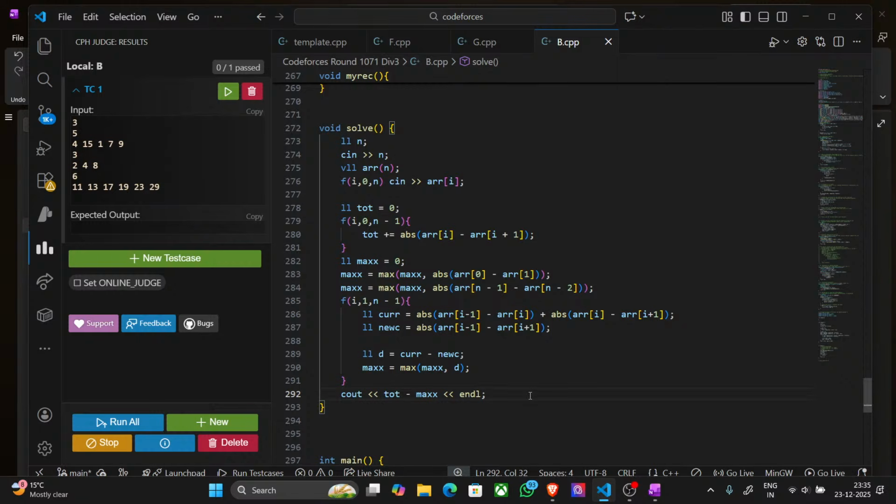Any doubt till here? No? Shall we move towards the next problem?